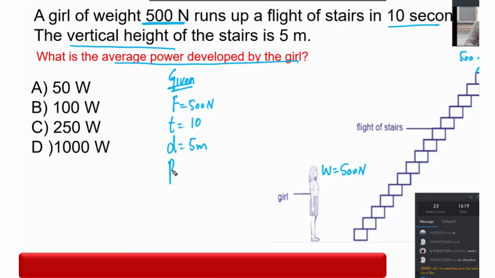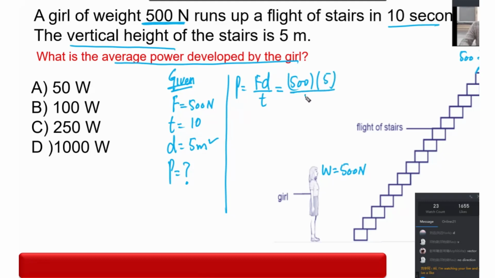We need to find out power. So again, we need to calculate power. Next step, we need to write down power in terms of force, distance and time. So the force is given, that is equal to 500 newtons. Distance, that is 5 meters. We can write down 5 meters here and we need to divide by 10, that is the time.